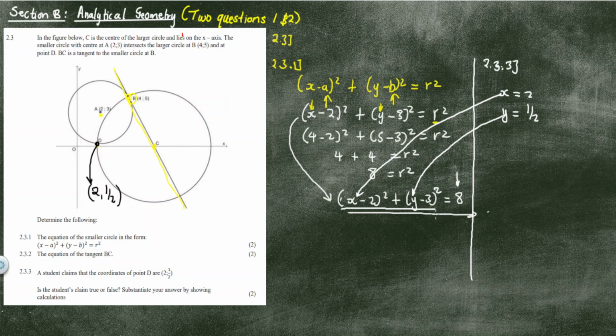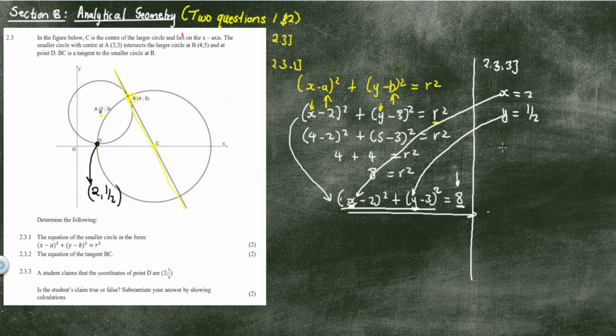If the coordinates are the coordinates of D, then substituting into this equation of the smaller circle, they must satisfy that equation. Meaning when I put x here and y here, 8 must come out to show that these coordinates of D do lie on the smaller circle. If after substituting we don't get 8, it means the coordinates do not lie on the smaller circle, therefore they are not the coordinates of D.